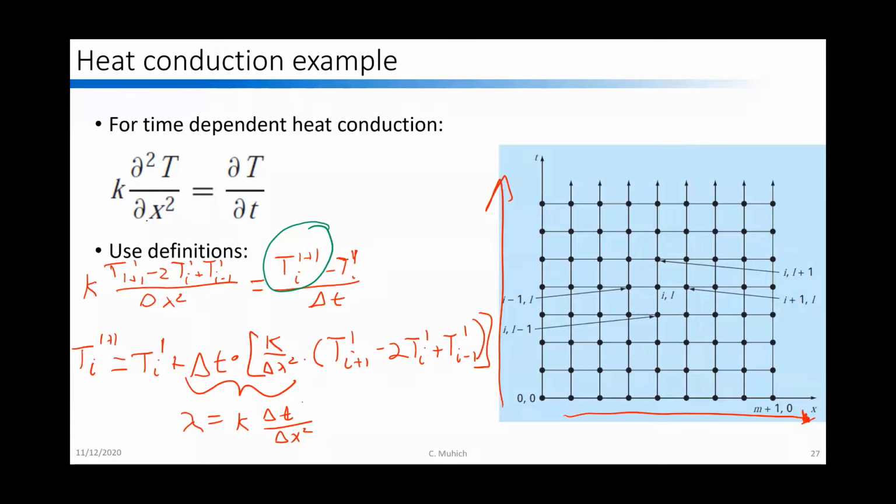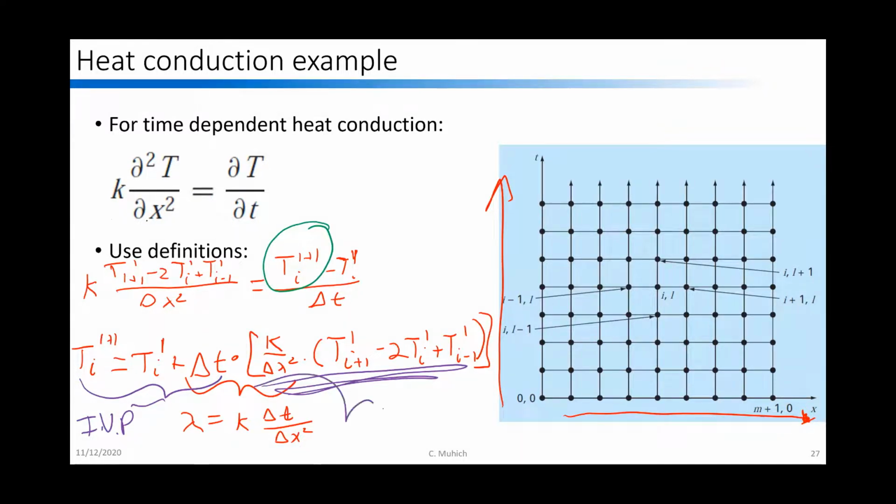So what you'll notice if I look at this equation is I have two pieces. If I look at this piece, this looks like an initial value problem, right? So if I think of Euler's method, my next time is my old time plus my change in time times some derivative.